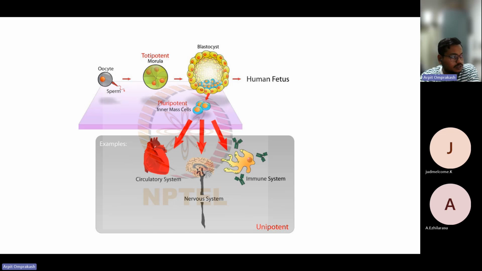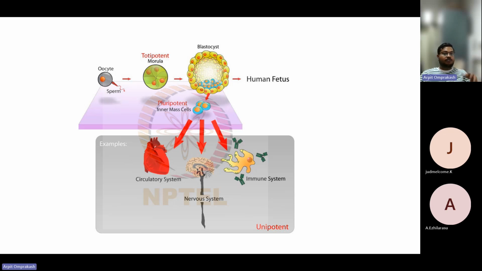But what we see is that in the human fetus, even in the human organism, we have many different kinds of cells. We have neural cells present in the nervous system, circulatory cells, blood cells, immune cells, skin cells, and so on. All of these come from the same cell, so they should have the same DNA.